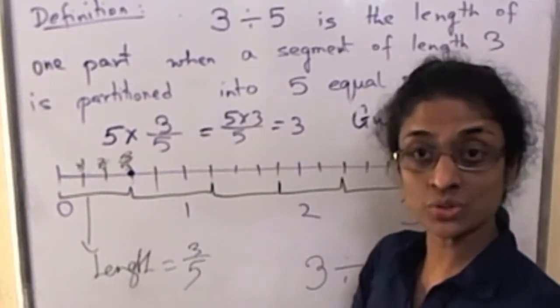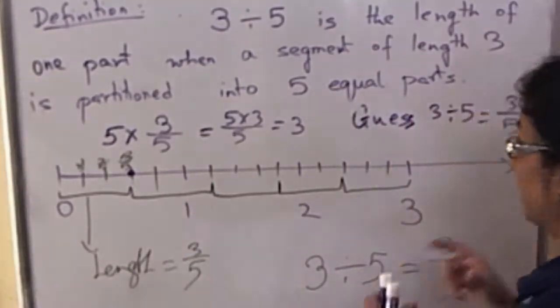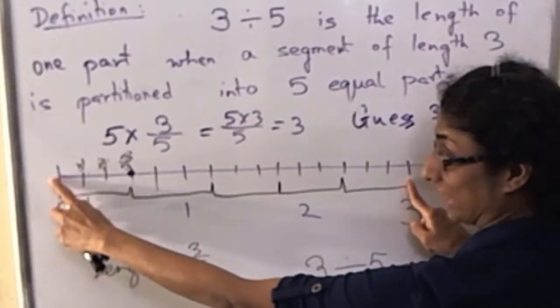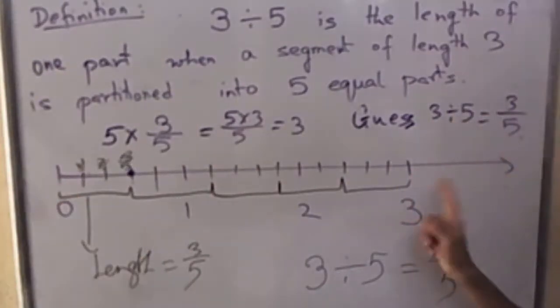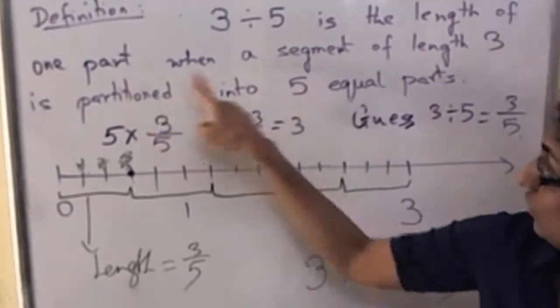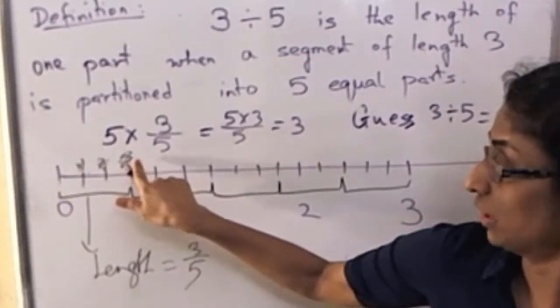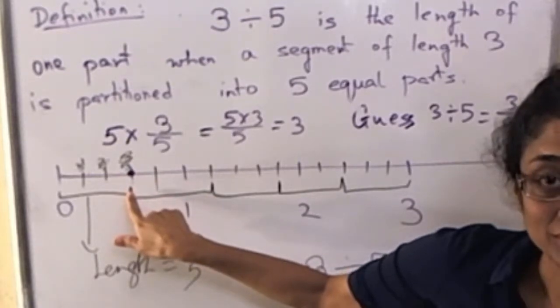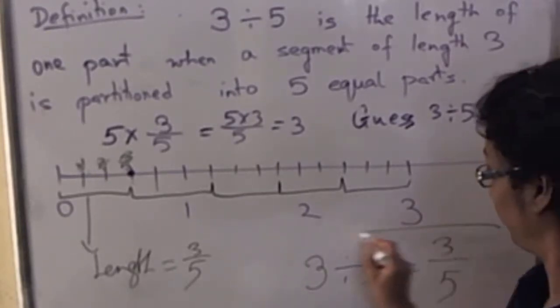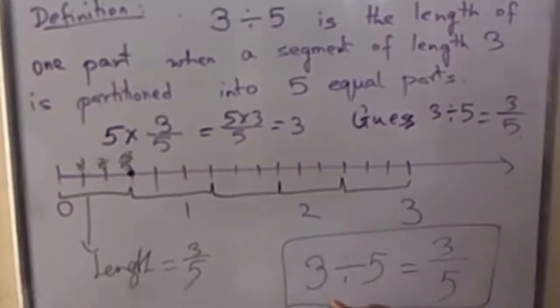Now what we are also saying is that if you were to take a segment of length 3 and partition it into 5 equal parts, the length of any one of those parts is also 3/5. So that's our conclusion. And so from here onwards, 3 divided by 5 is the fraction 3/5.